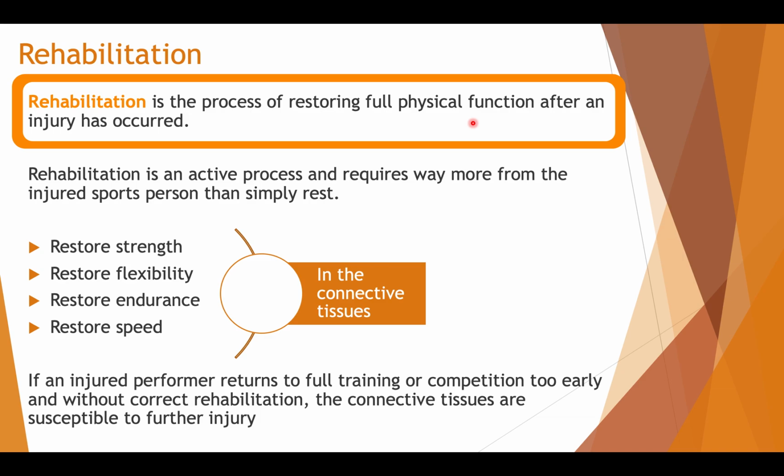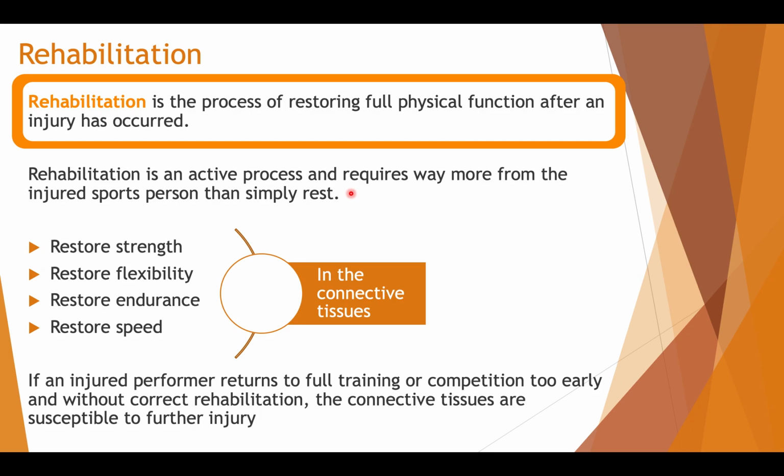What that means is for our athlete to get back to full use of their joints, their bones, their muscles, their connective tissues, and to be able to use those effectively in a range of sporting situations. Effectively, to be able to use those damaged joints, bones, connective tissues, muscles, just how they did before the injury occurred.